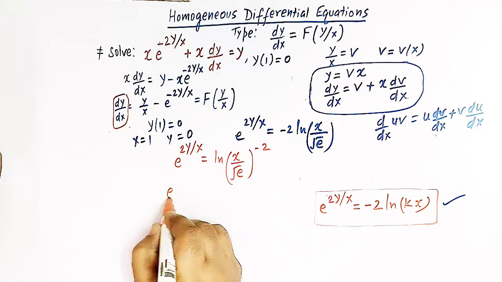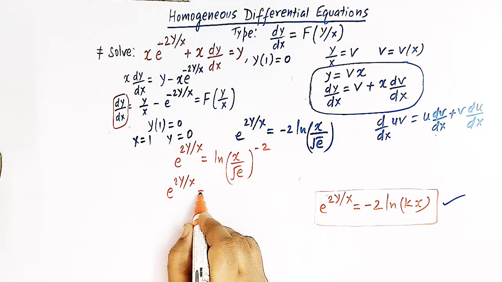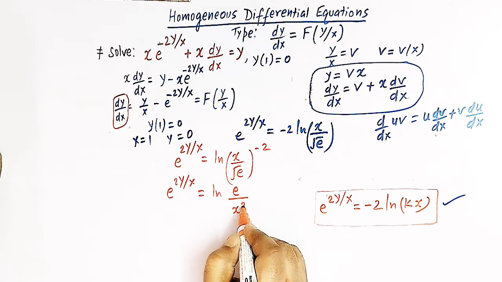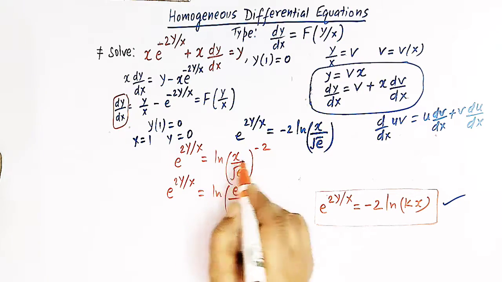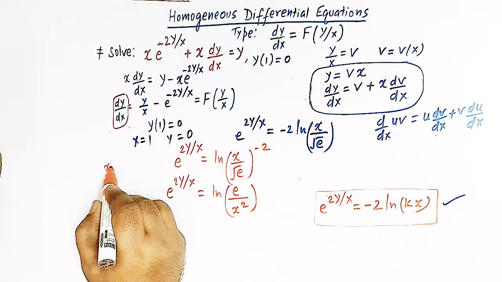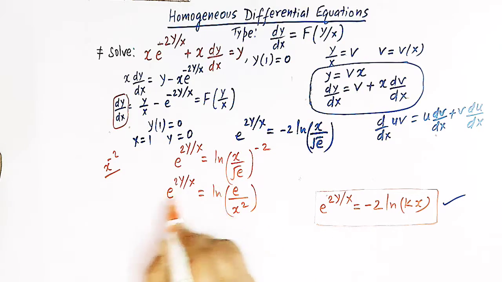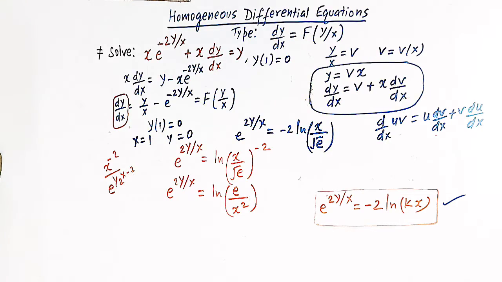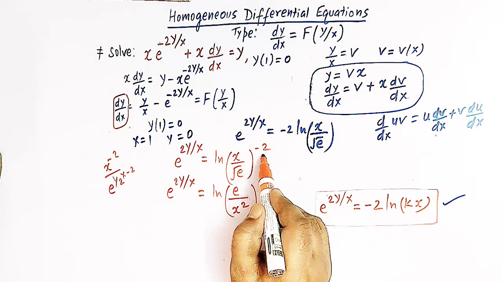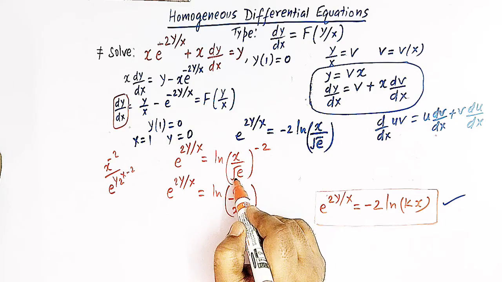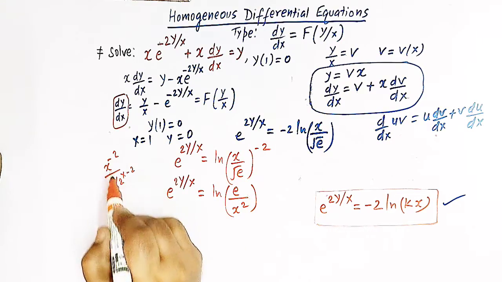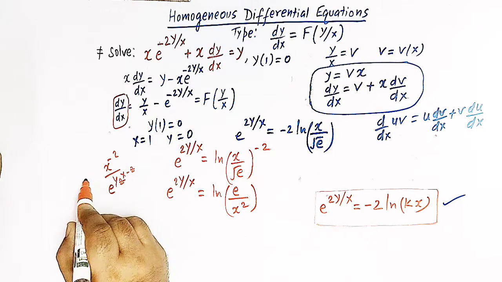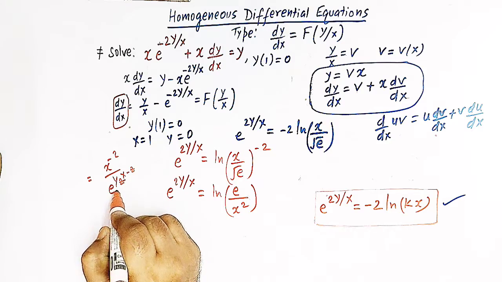So now we have e raised to 2y over x, and here we can write e over x square, right? Because here we have x raised to minus 2, and here we have e raised to half times minus 2, because when we distribute this negative 2 to x and square root of e, then this 2 and this 2 get cancelled, and x raised to minus 2 comes to the denominator.